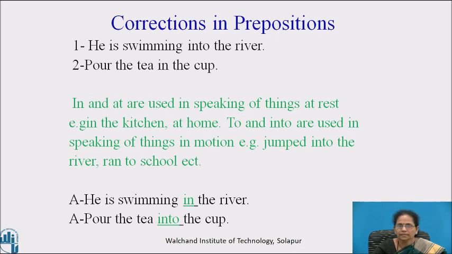And to and into are used in speaking of things in motion. For example, jumped into the river, ran to school, etc. That's why in the above sentences, into and in are in the wrong form. So the correct form is: he is swimming in the river and pour the tea into the cup.